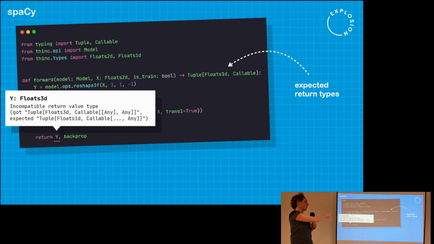That's what it got, and it expected that instead. So this type of error is, there's many types of errors that are common when you're developing machine learning models. And the type checking doesn't cover all of them, but even getting some of these out at the development stage and also documented for other developers who are reading the code, or you who is reading the code later, can be enormously helpful.